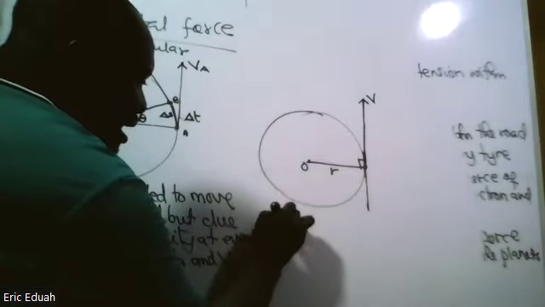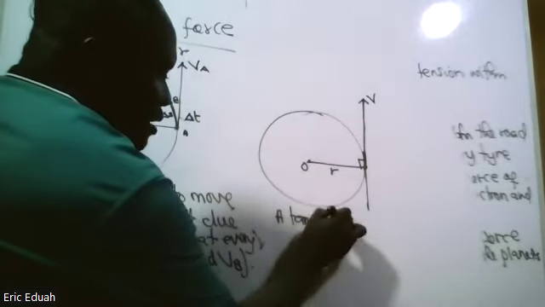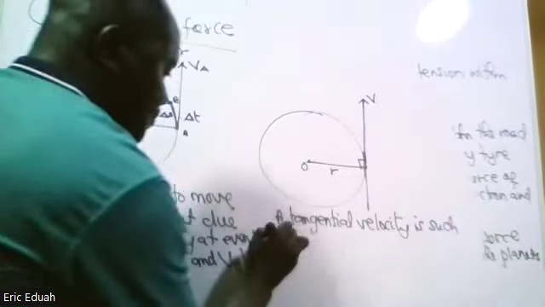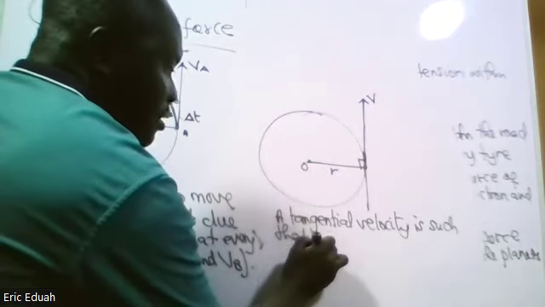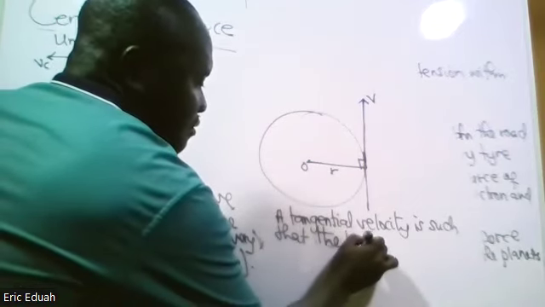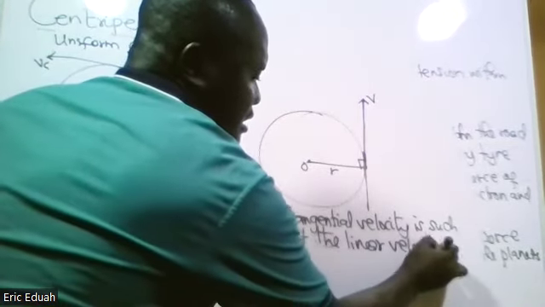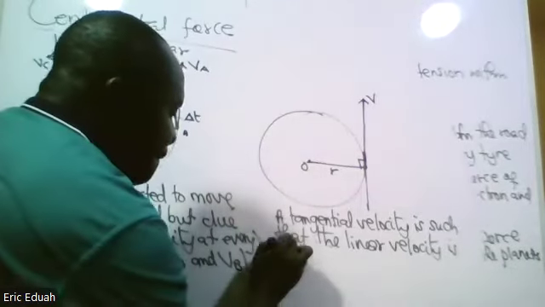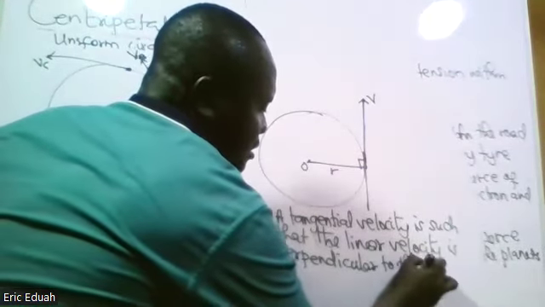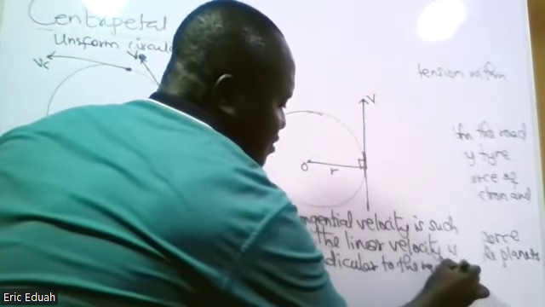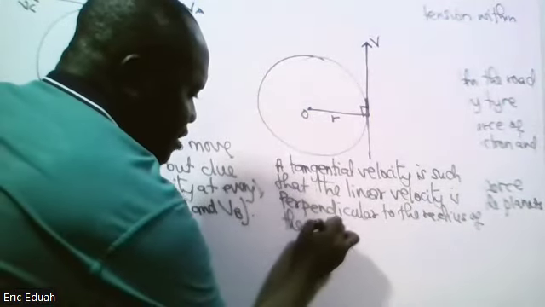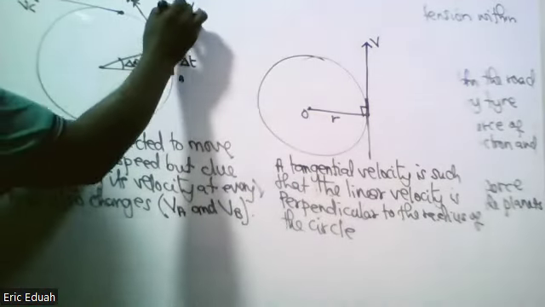So a tangential velocity is such that the linear velocity is perpendicular to the radius of the circle, and that is what is happening to VA.